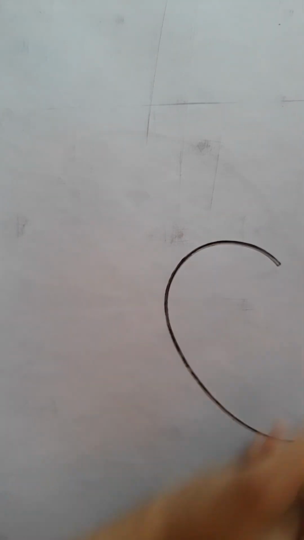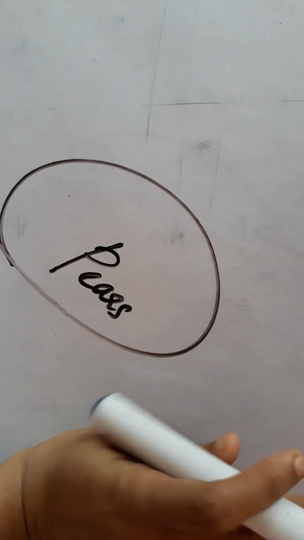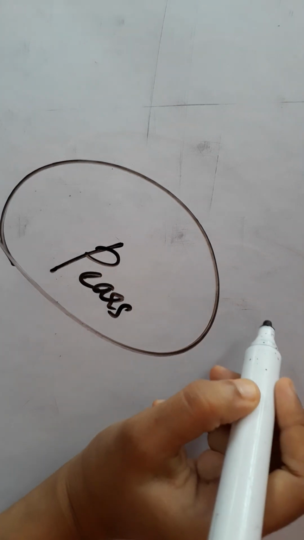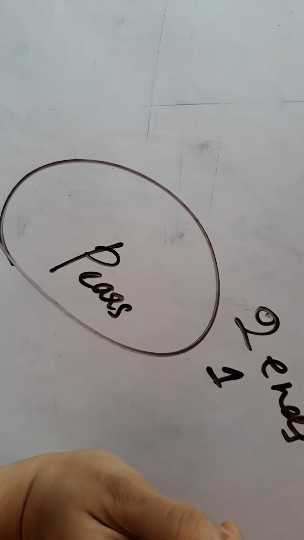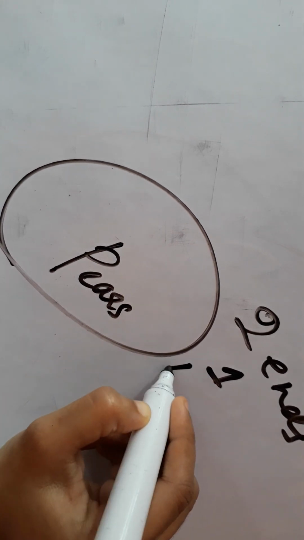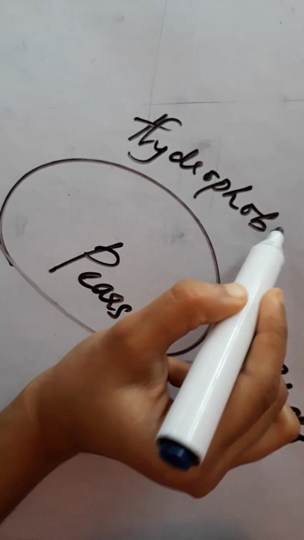So if we take a soap, for example, we'll take the soap as pears. Okay, so I'll draw it a bit down here. Pears. You can see it, no? What happens? It has two ends. One is the hydrophobic end.